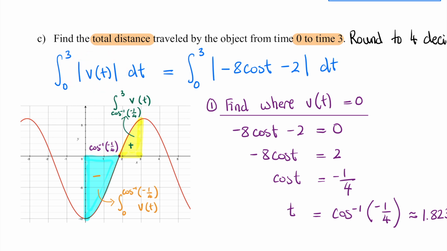That means I want all positive integrals. This one is already positive, but this one is negative. And I want to turn this negative into a positive because I want an absolute value. So to turn a negative to a positive, I just multiply this by negative 1.